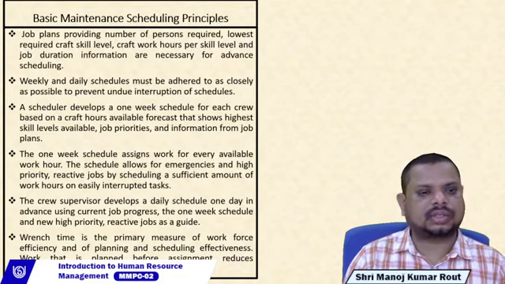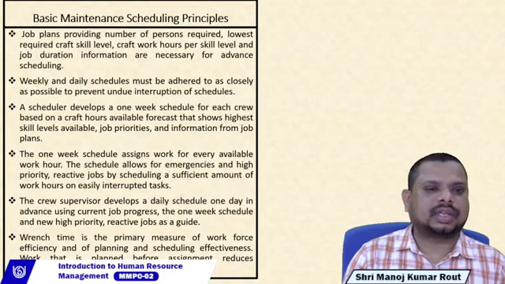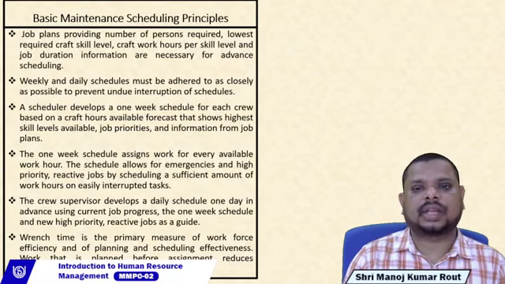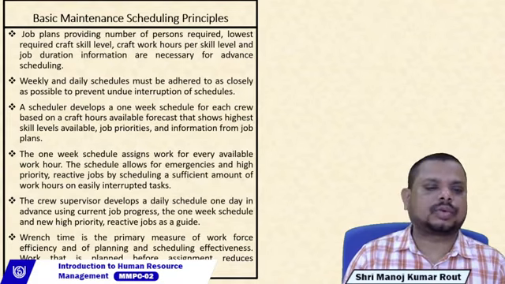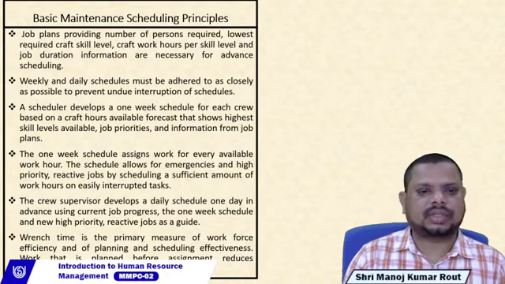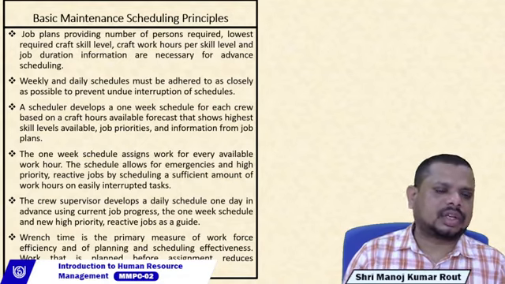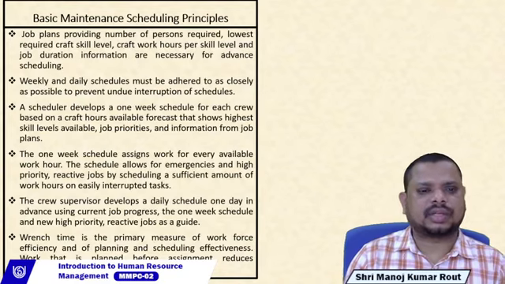So if you go through the six basic maintenance scheduling principles, the first important part is you have to identify the skill levels. If you go for the skill levels, we have unskilled, semi-skilled, skilled, and highly skilled manpower. So depending upon the skill, you have to assign the various tasks.